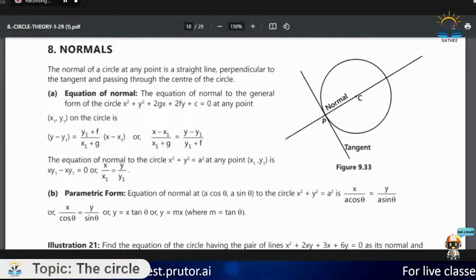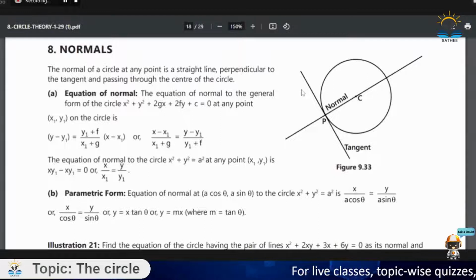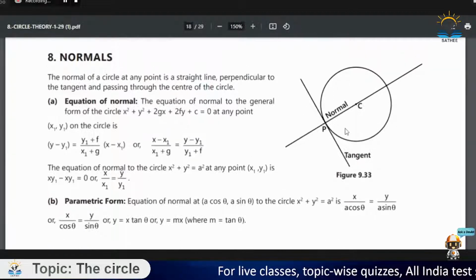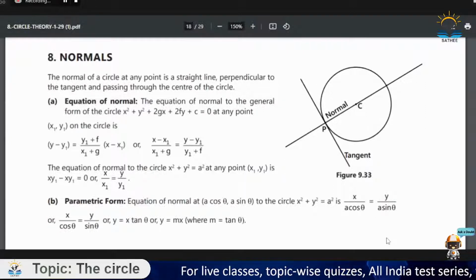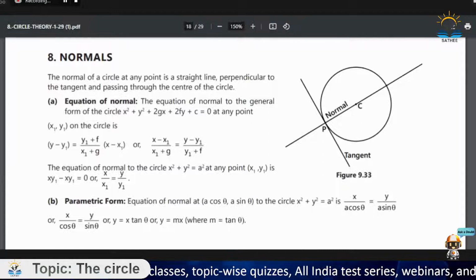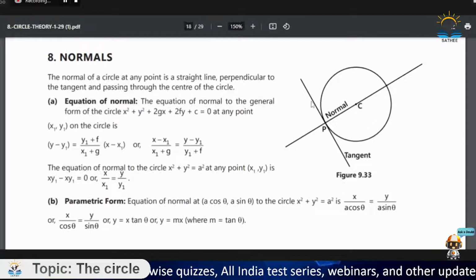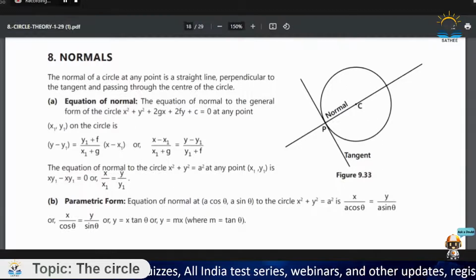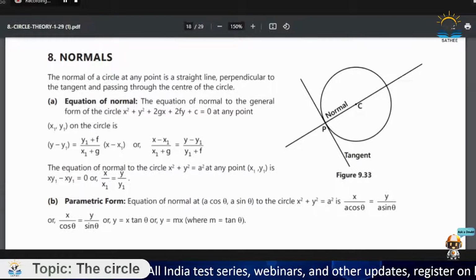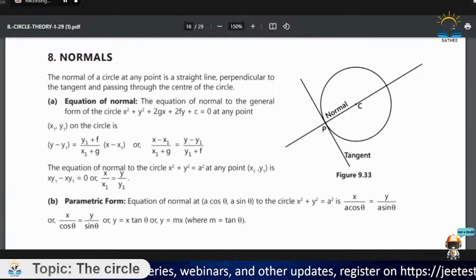Now suppose we are given the circle's equation and we are given the tangent's equation. Then what we can do is, the slope of the normal would be minus 1 upon the slope of the tangent, and we know it is passing through the center.